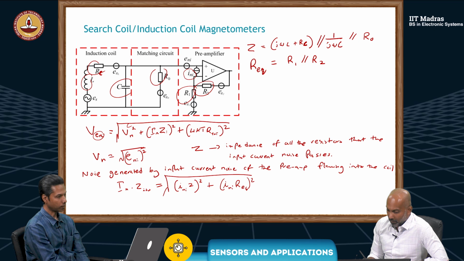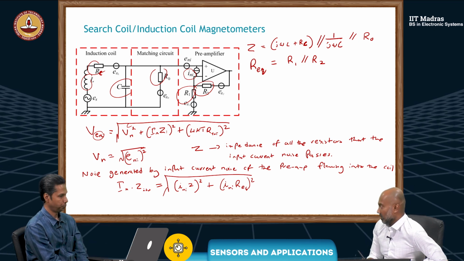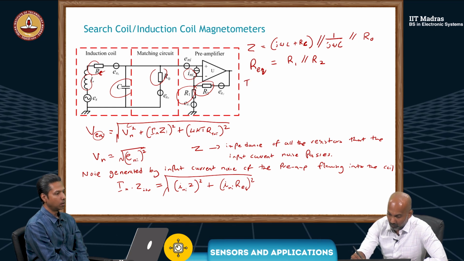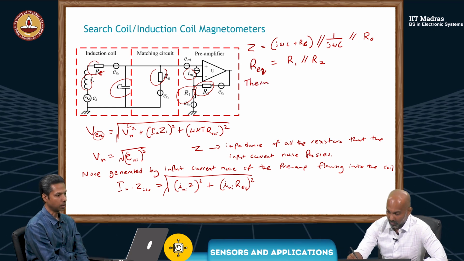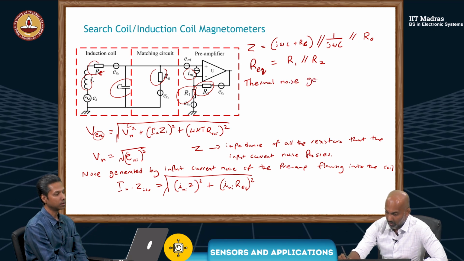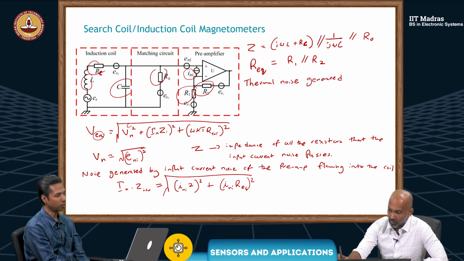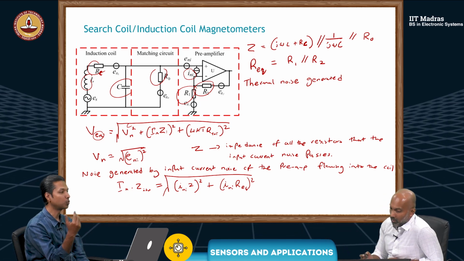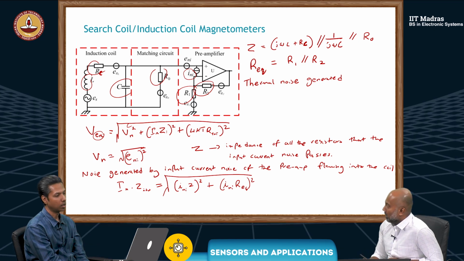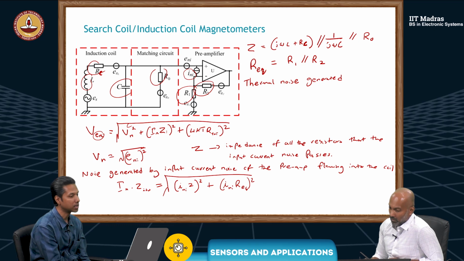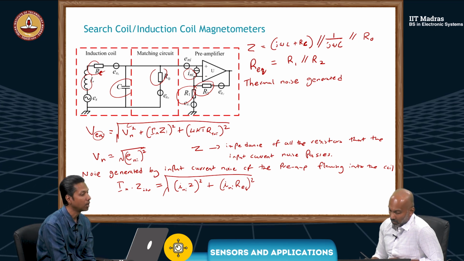There's one more thing we need to consider in this equivalent circuit, and that's the thermal noise. If you want to keep the noise low, then these impedance values have to be small. I mean, if I want the output due to noise low, we have to keep this R equivalent low.